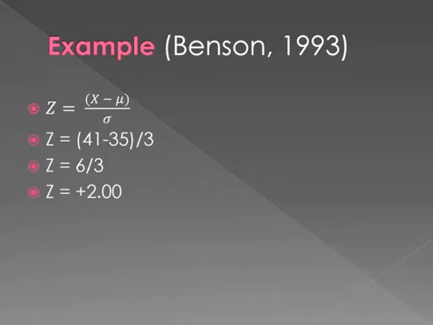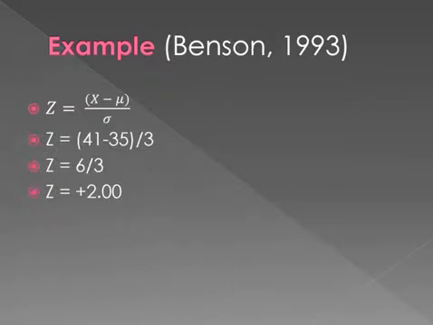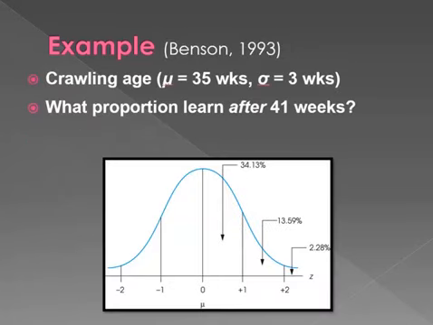Here's where it gets a little tricky. We want to find the proportion that learn after 41 weeks. So let's go back to this slide here. We figured out that our z-score was plus 2.00, so what we would want to do is draw a normal distribution like what you see here. We've been doing that for a while.